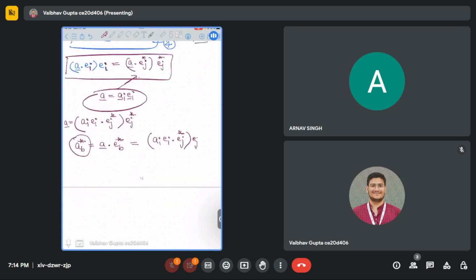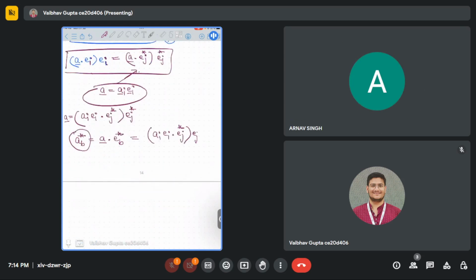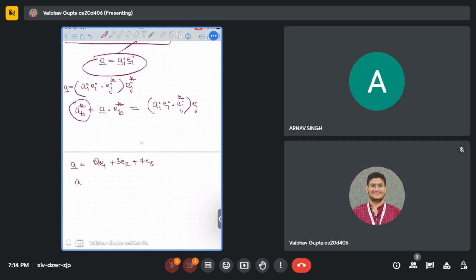Suppose you want to find a vector, like A equals 2E1 plus 3E2 plus 4E3, and someone says you have to calculate the projection of A on EI. What is this? It's nothing but A dot EI, E1.